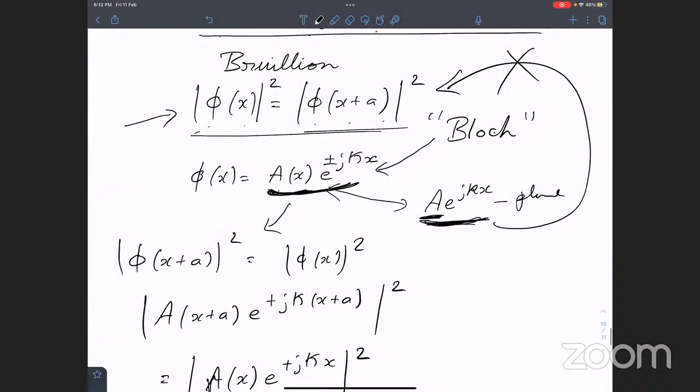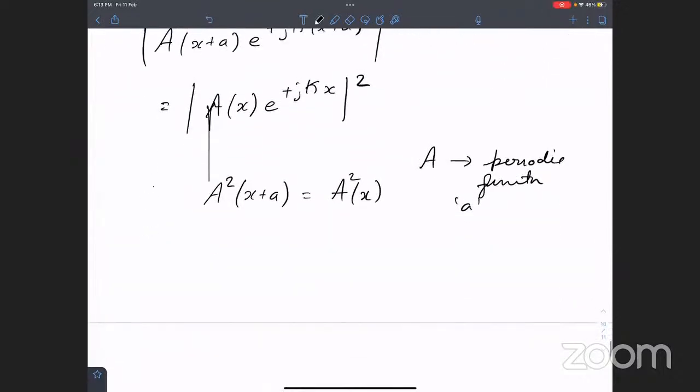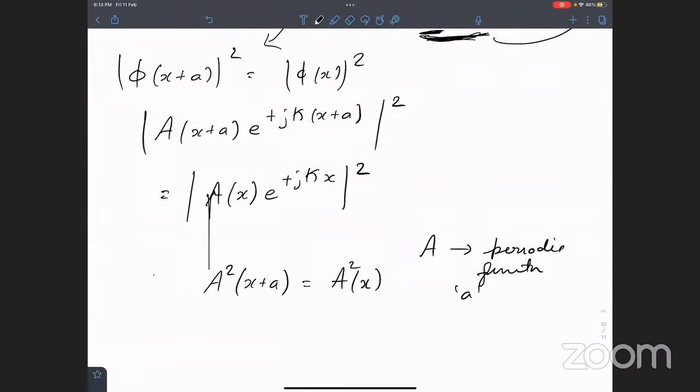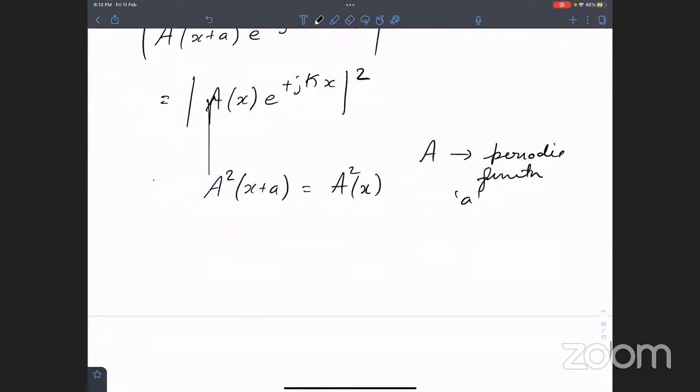So in a Bloch wave, phi of x is a of x into this, and a itself is a periodic function. That's the first requirement. Sorry, there is no second requirement. This is how we show that a has to be a periodic function.